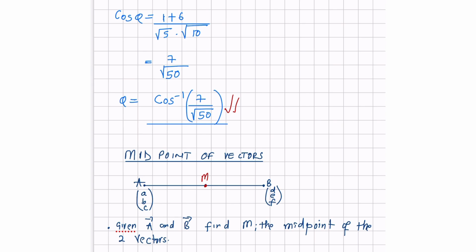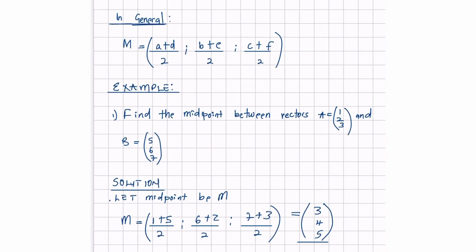Then we've got a concept of what we call the midpoint of vectors. If you are given two vectors and you're asked to find the midpoint of the vectors, basically you are going to add the two vectors, then you divide the corresponding terms by 2.